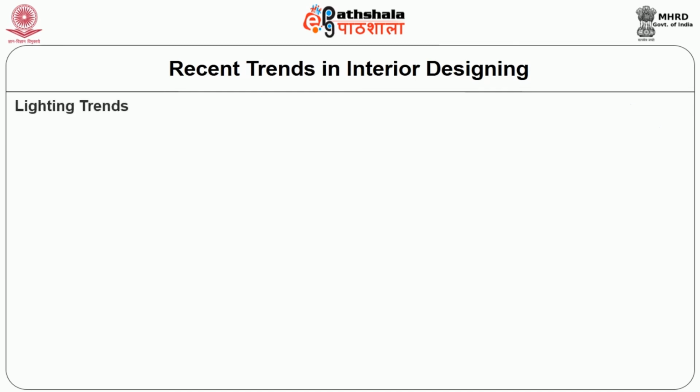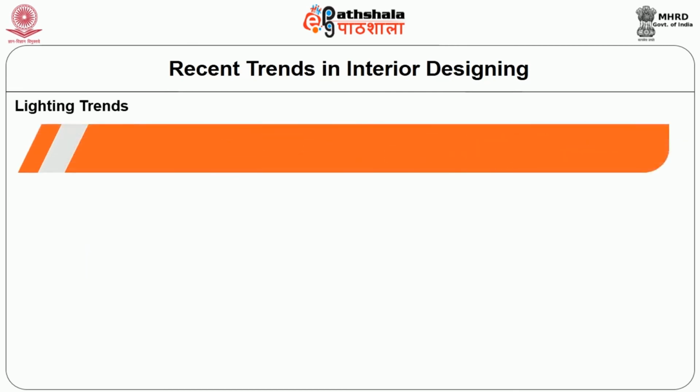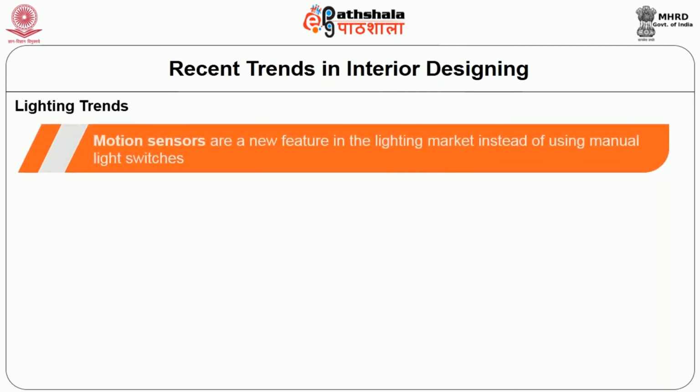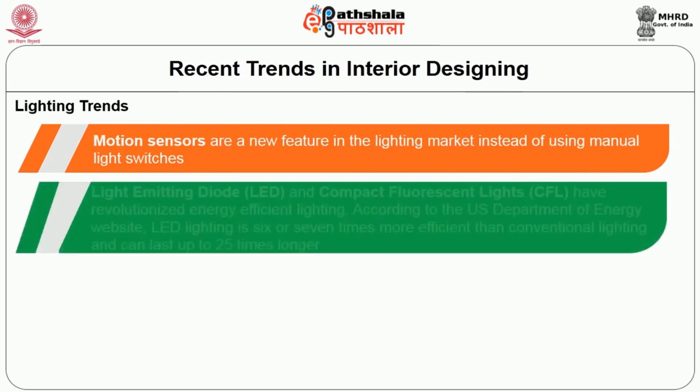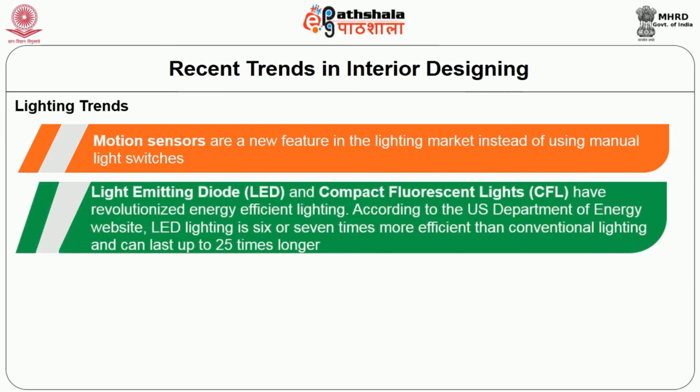Next, we will see about some of the lighting trends in interior design. Motion sensors are a new feature in the lighting market instead of using manual light switches. Light emitting diode, that is LED, and compact fluorescent light, which is called CFL, have revolutionized energy efficient lighting.